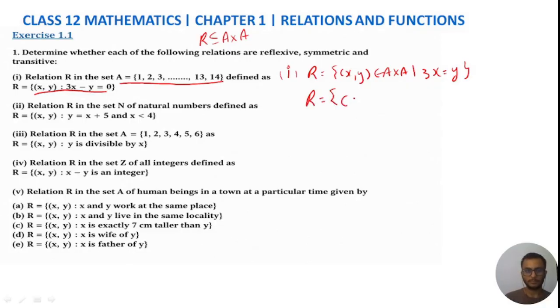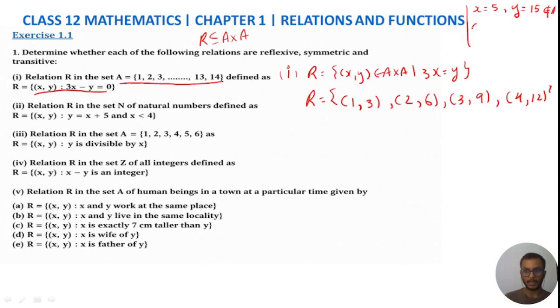If I start by picking x as 1, my y should be 3 times 1, that is 3. So (1, 3) will be in R. Then if I pick x equals 2, then (2, 6) will be in R. Similarly (3, 9) will be in R, and (4, 12) will be in R. Now you tell me, if I pick x equals 5, what should my y be? y should be 3 times 5, that is 15, and this y is not in A, right?